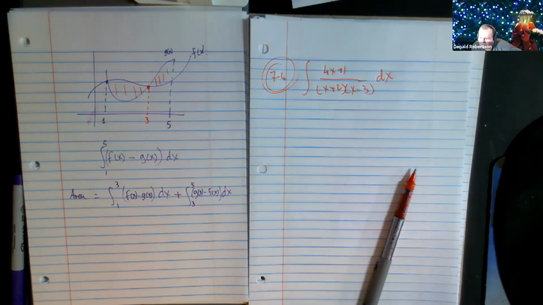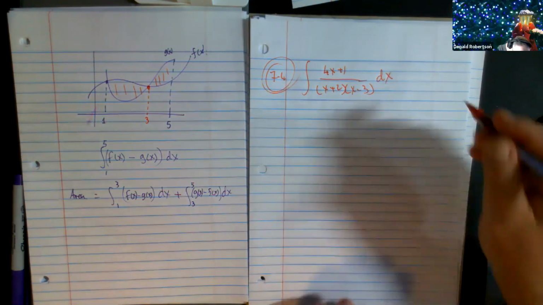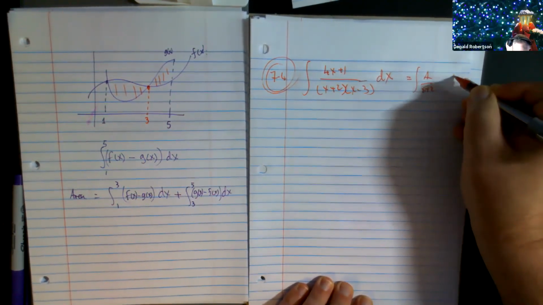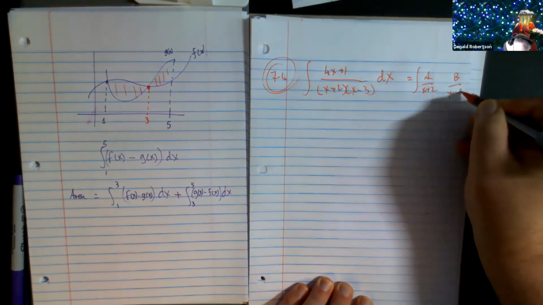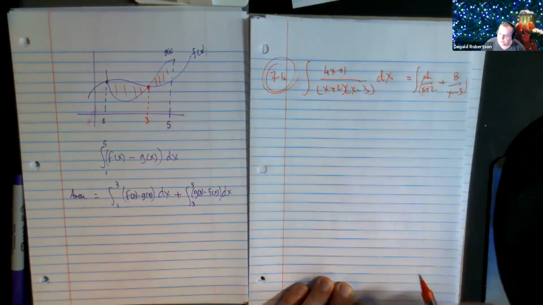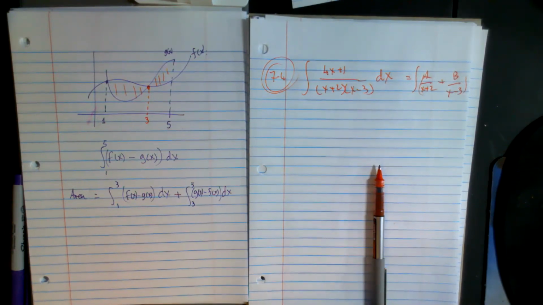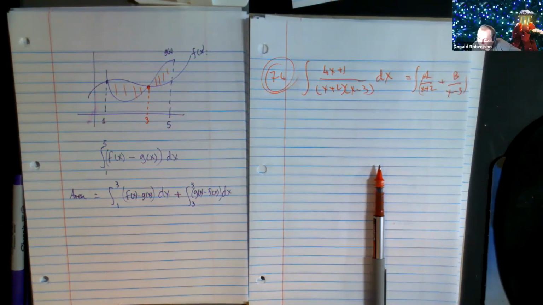Partial fractions. Right. So I hope you haven't got too rusty because it's been a while since you needed to do them. But remember the process. You want to make everything have a common denominator. And then what's the trick after that?